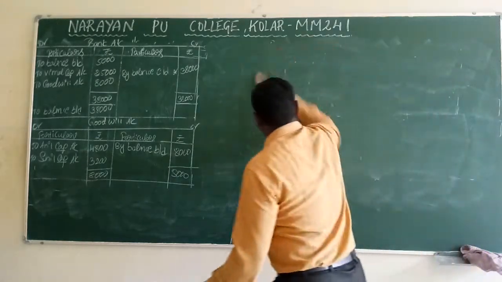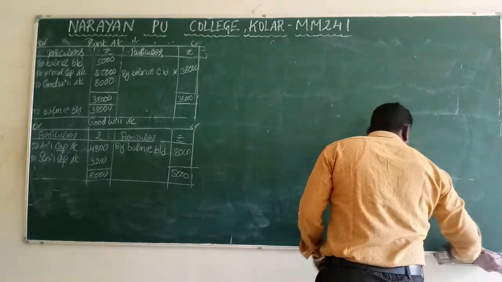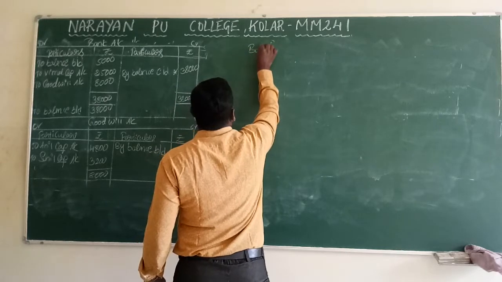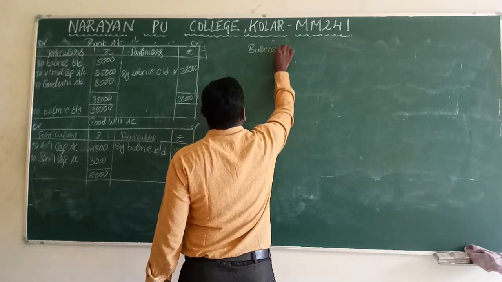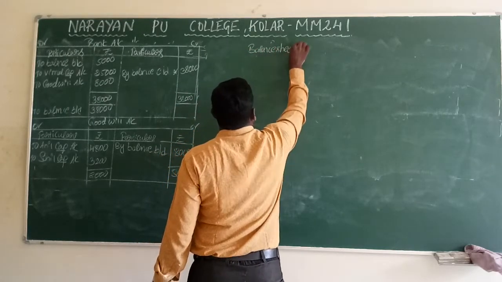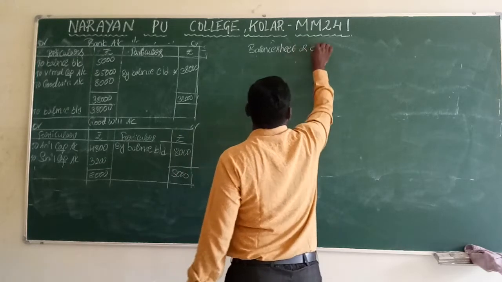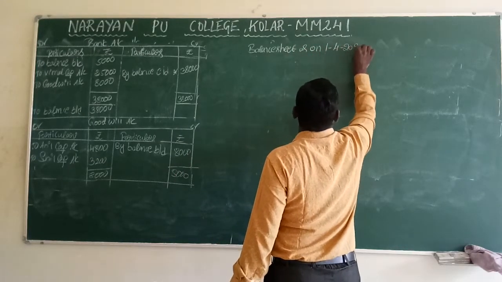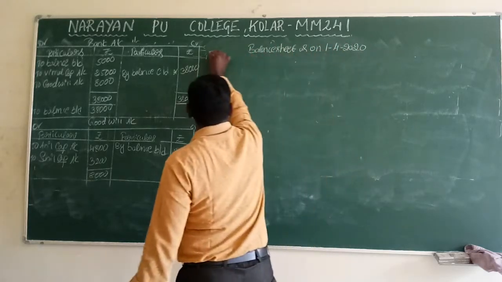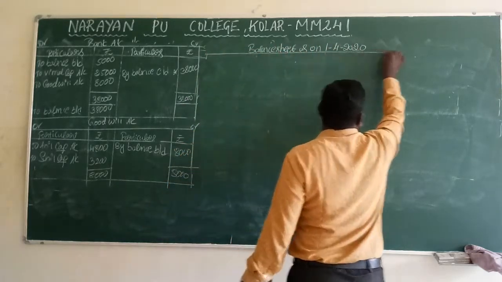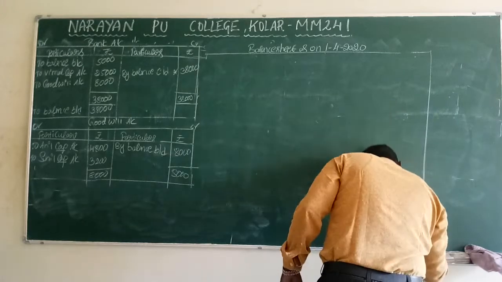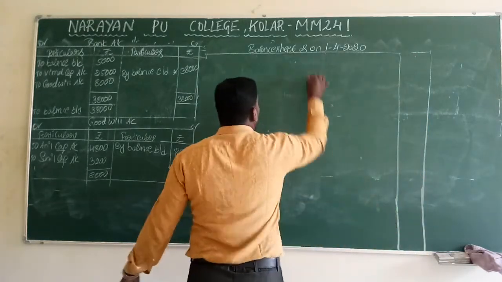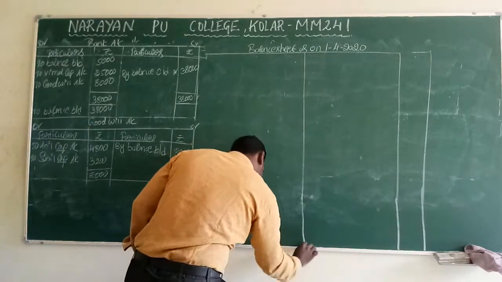We have to draw the columns for the new balance sheet. Before that, we have to write down the heading, balance sheet as on 1/4/2020. After admission of a new partner, their balance sheet will be like this. So we have to prepare it based on the assumptions.